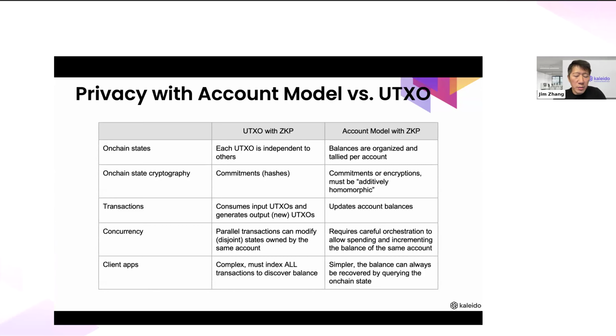There are implications to concurrency when you make the choice between the two. With UTXO, you get better concurrency because every UTXO is independent from the others.